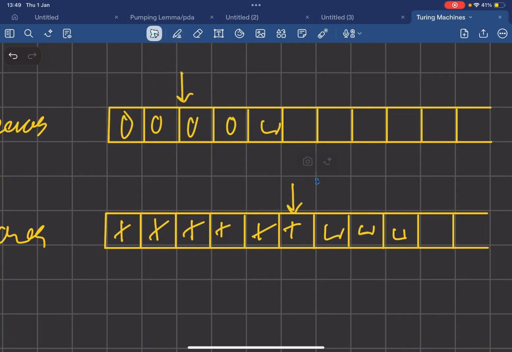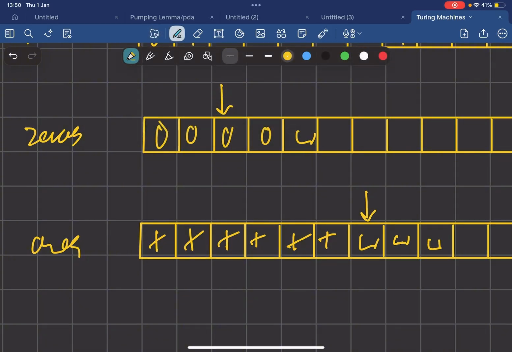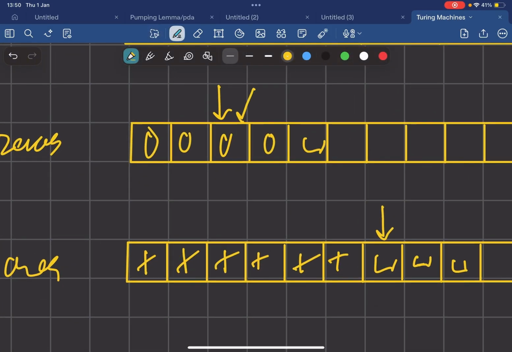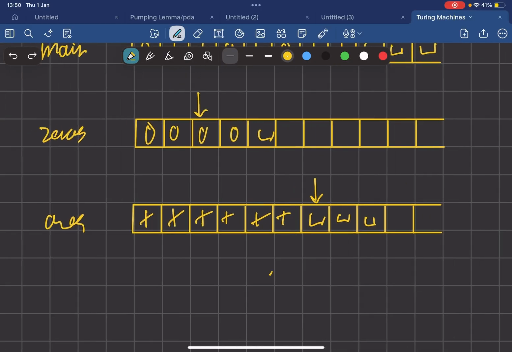And what we notice is that the ones tape has reached a blank symbol, but the read head on the zeros tape is not at a blank symbol, which means that we still had a zero to cancel out in the current process. And so what that means is that the number of ones doesn't cleanly get divided by the number of zeros, which means that we reject in this case.